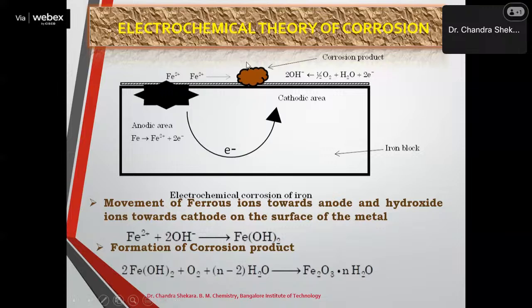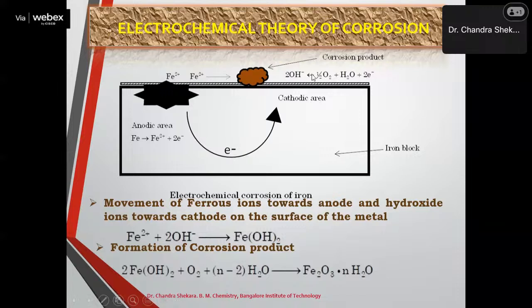But the corrosion product is formed in between the anodic and cathodic area. Therefore, the point where you observe the corrosion product is not the site where corrosion is occurring. Corrosion is occurring at the anodic area, and the corrosion product is formed in between the anodic and cathodic area.